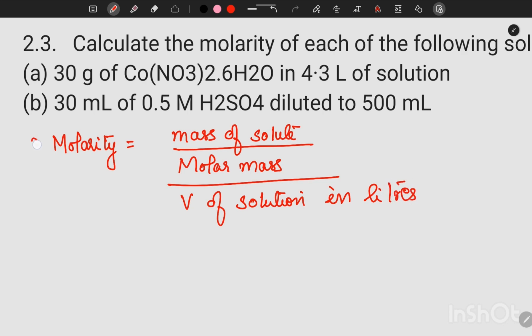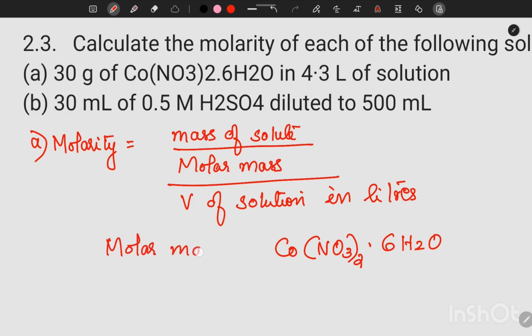Here mass of solute is given as 30 gram. But molar mass we don't know. Let us calculate molar mass first. Cobalt nitrate, Co(NO3)2.6H2O. Let us calculate molar mass of cobalt nitrate.